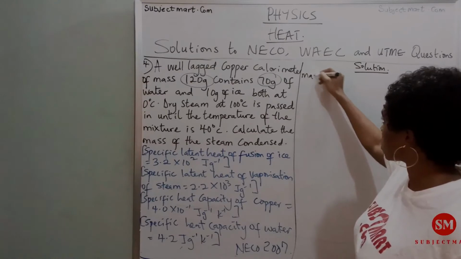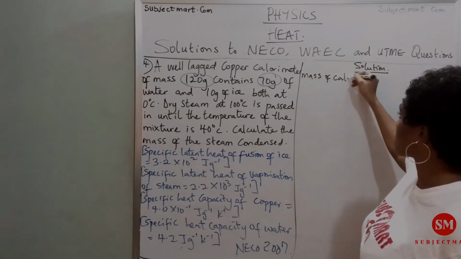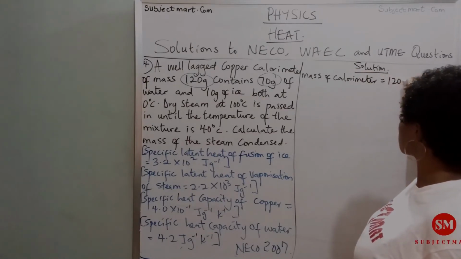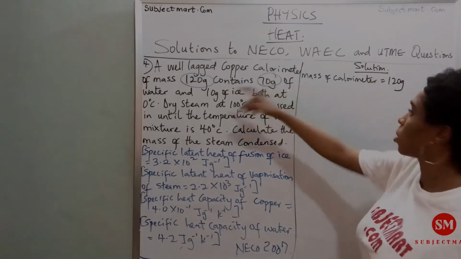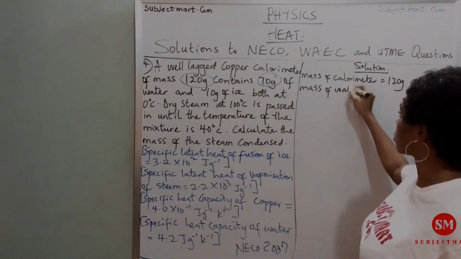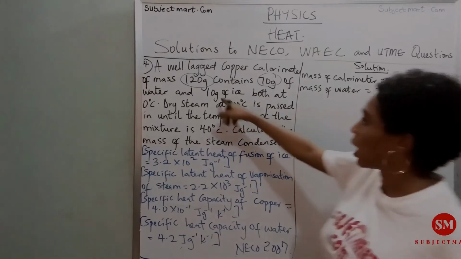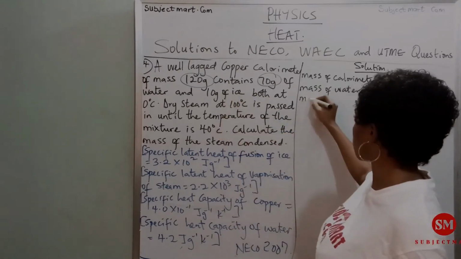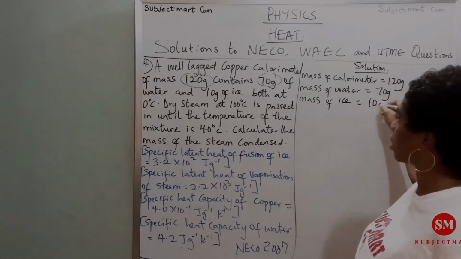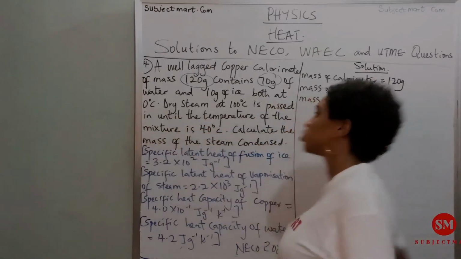Mass of calorimeter is equal to 120 gram. 70 grams of water, mass of water is equal to 70 gram, and 10 gram of ice. So mass of ice equals 10 gram. Both are at 0 degrees C.